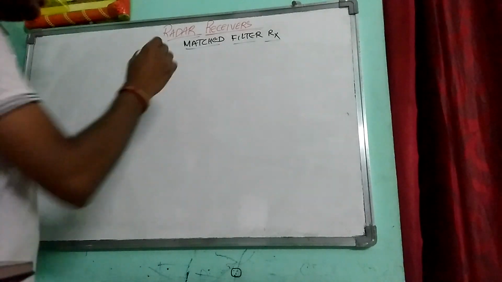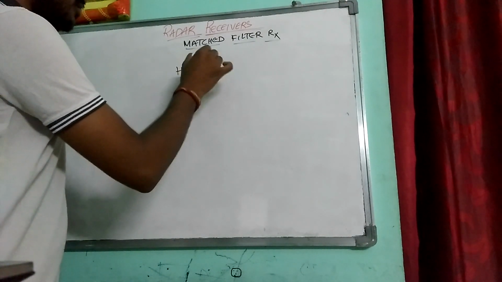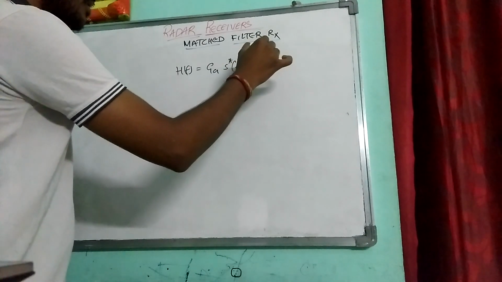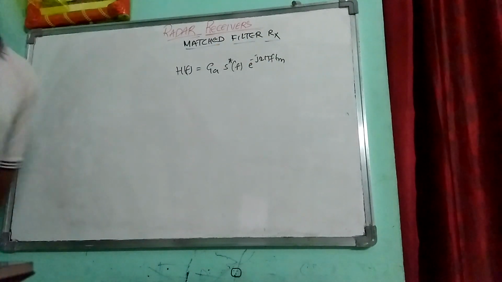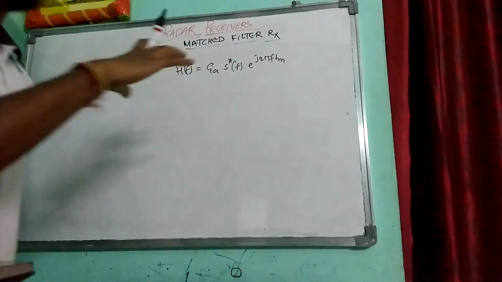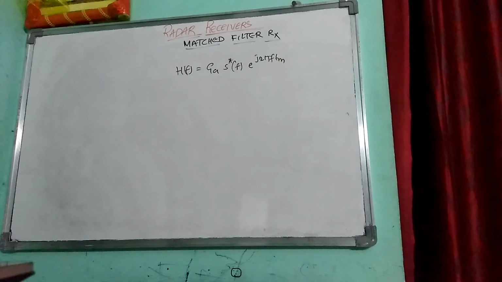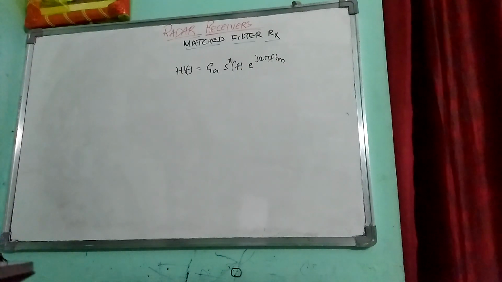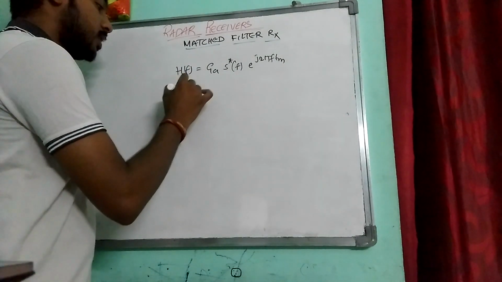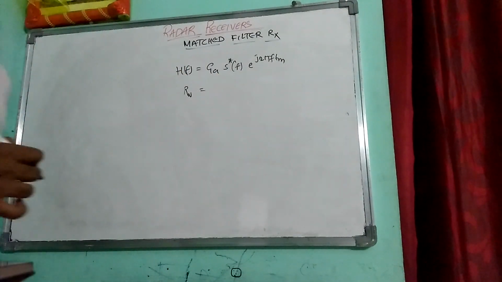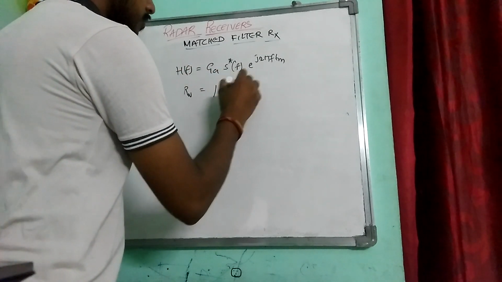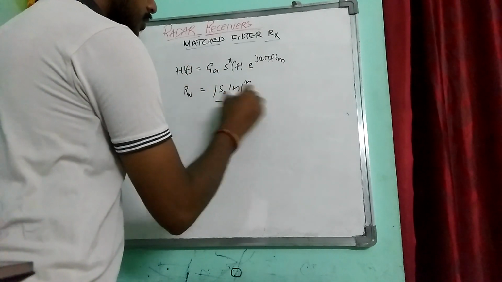Consider the same equation again. H of f is G a S star of f e power minus j 2 pi f Tm. Now after considering this, we consider the noise to be stationary with uniform spectral density, given by N naught by 2.